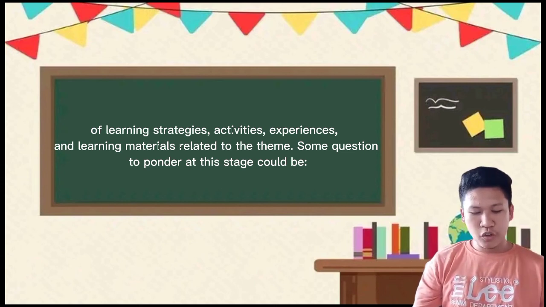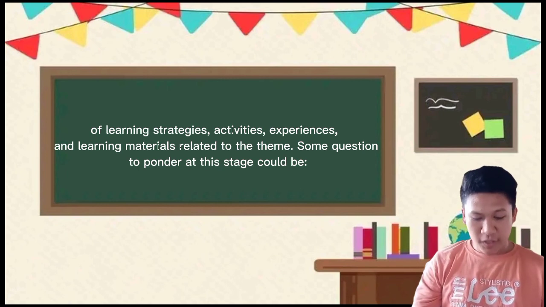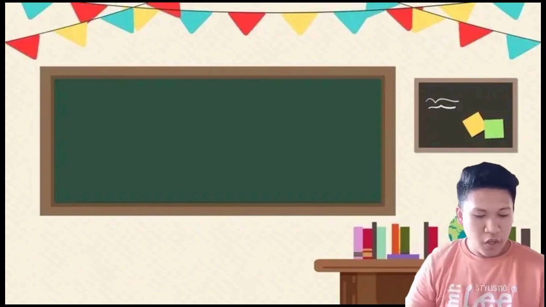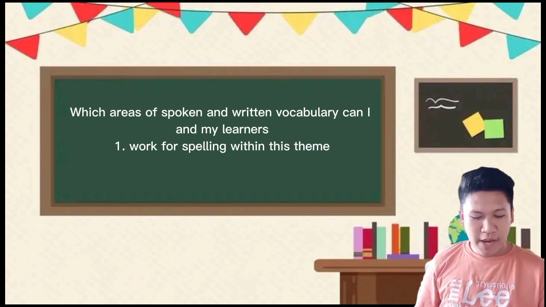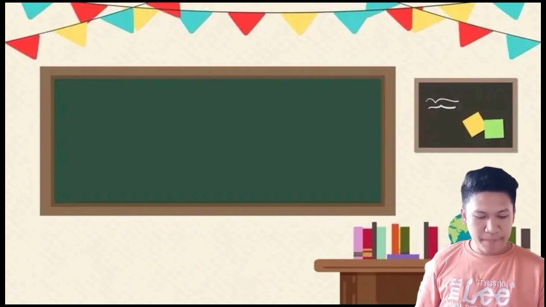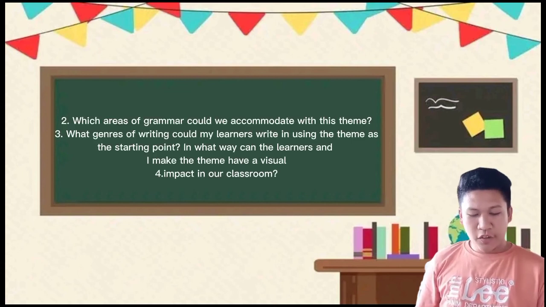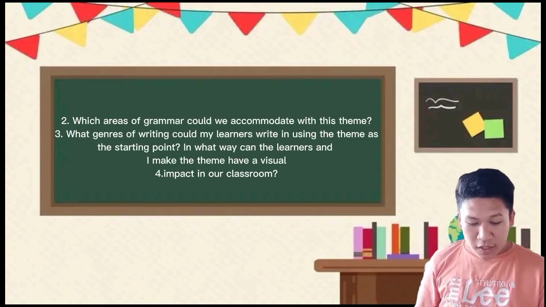Some questions to ponder at this stage could be: Number 1, which areas of spoken and written vocabulary can I and my learners work on for spelling with this theme? Number 2, which grammar points could be accommodated with the theme?